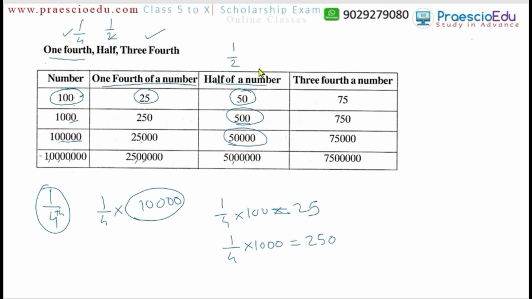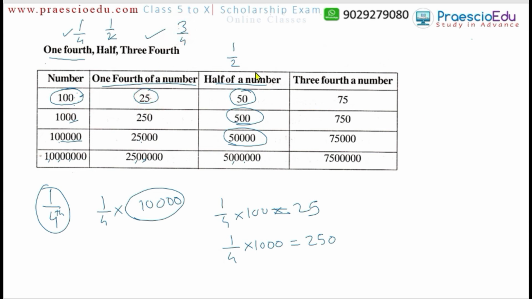Then 3/4 of a number. 3/4 means 3 and 4th. 3 is the multiplication and 4 is the division. So for 3/4 of that number, in that case, divide first by 4 with that number and then multiply by 3. So 1/4 we have already calculated, 25 of that 100, then multiply by 3.